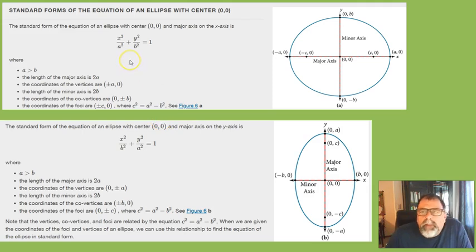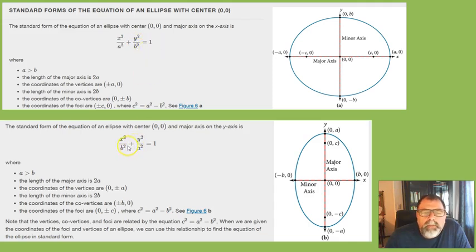Okay, so here are the standard forms. There are two types of ellipses we're going to concentrate on: one where the major axis is on the x-axis, which we call a horizontal major axis, and one where the major axis is vertical, a vertical major axis. These are the two standard forms. They're basically the same, but you'll notice this one is x squared over a squared plus y squared over b squared equals 1.